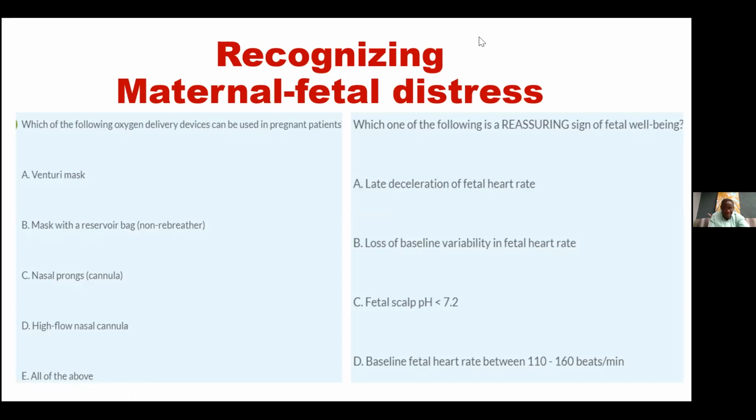Is it a venturi mask for the pregnant woman? You can use this tool and choose your answer. Please go ahead. Do we use venturi mask? Do we use mask with reservoir bag, non-rebreather? Do we use nasal prongs? Do we use high flow nasal cannula, or all the above?